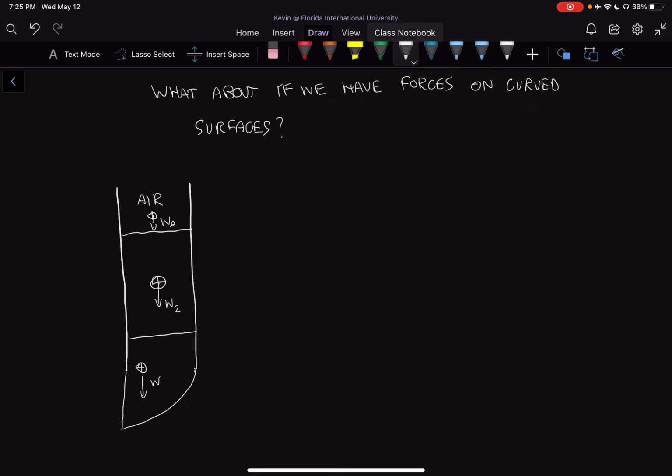In this case, we have different forces. We have forces occurring on this side, so a force 1 that's acting like this, and another force horizontal this way and a force horizontal this way. Let's just call them horizontal forces. So we have horizontal forces on each of the parts of the fluid.